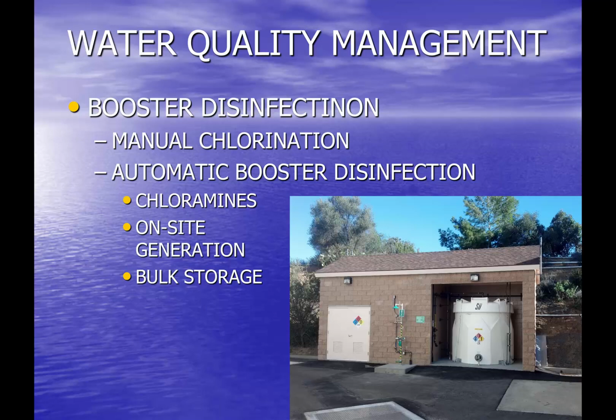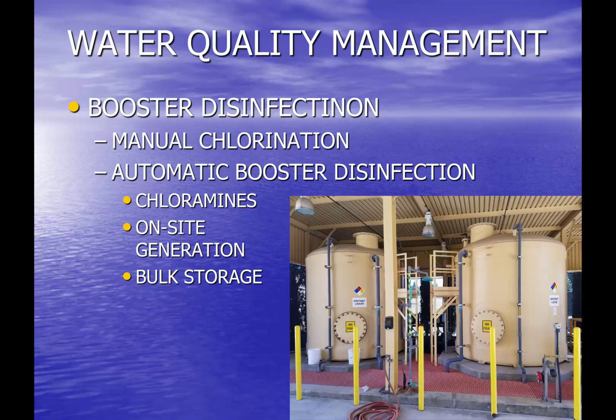So the storage tank you see on the right side of the facility is a 2,000 gallon sodium hypochlorite tank. The building portion to the left, there's an ammonia tank in that building, as well as the chemical injection pumps. So this is a relatively small bulk storage reservoir management system, or chlorine booster disinfection system for a reservoir. You also have seen this picture before.